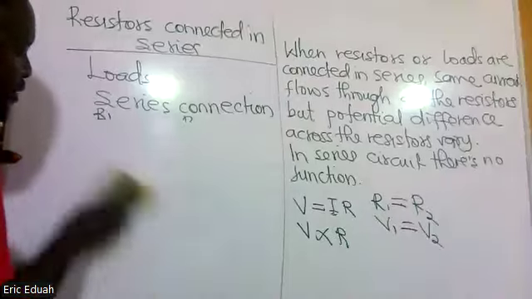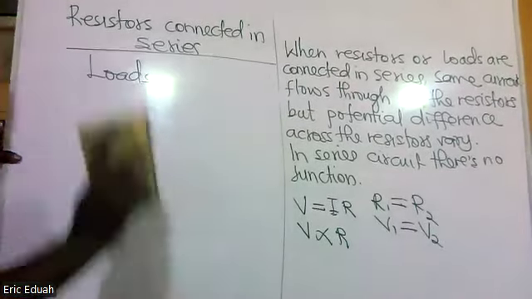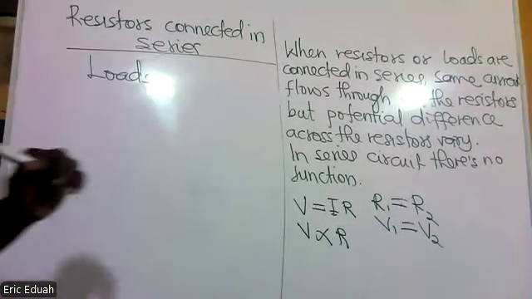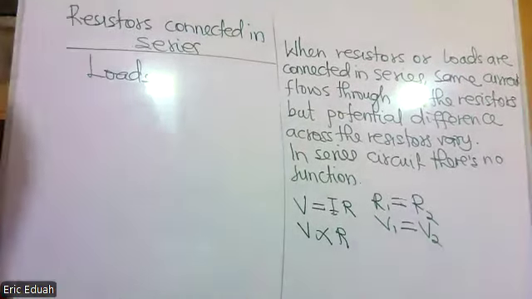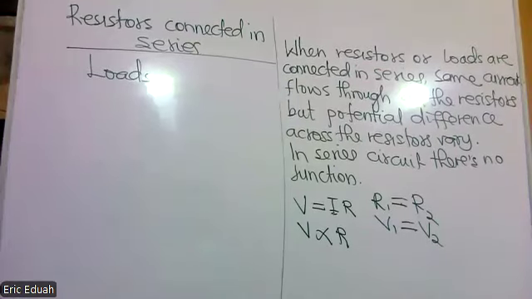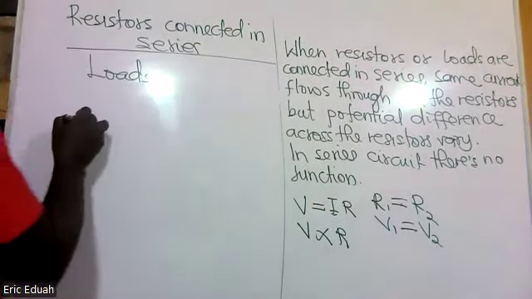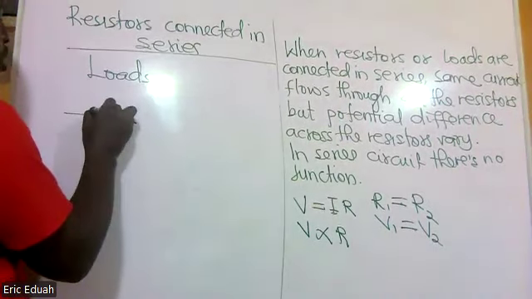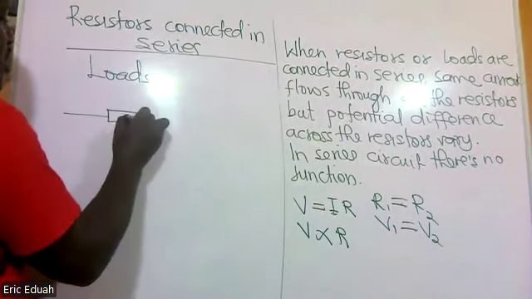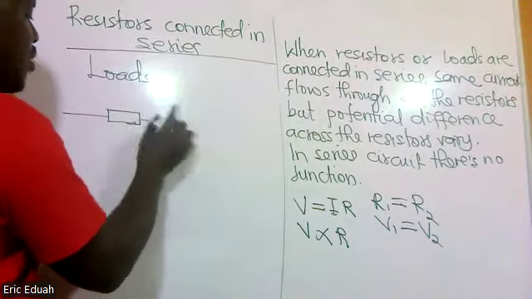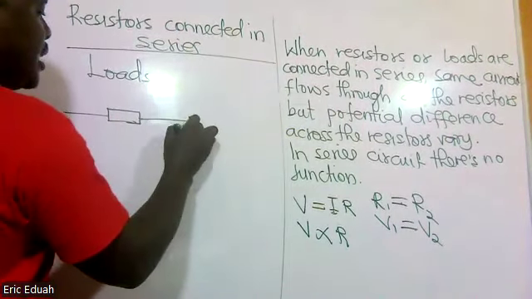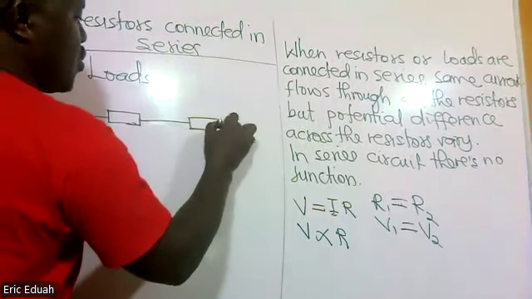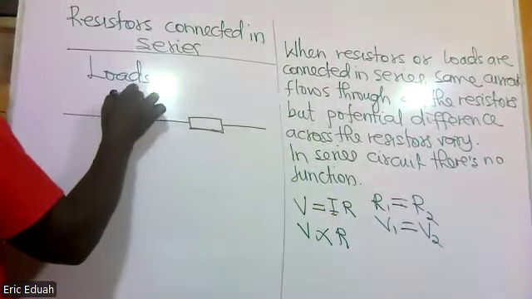So in series connection, these are the things you must know. In series connection, current flow through the resistors or loads is the same, but voltage or potential difference across the loads varies. Current flow is equal because there is no junction.